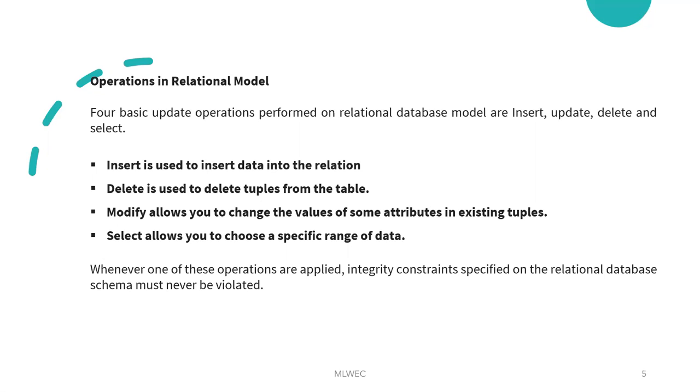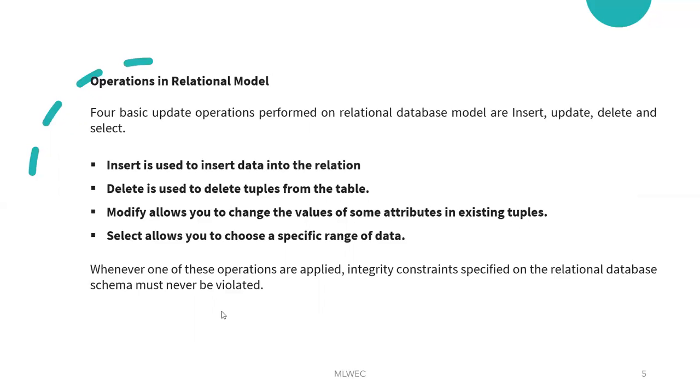Delete operation is used to delete tuples from the table, and modify allows you to change the values of some attributes in existing tuples. This modify is nothing but update. Select allows you to choose a specific range of data, that is, select some specific data from the given relation, or table.